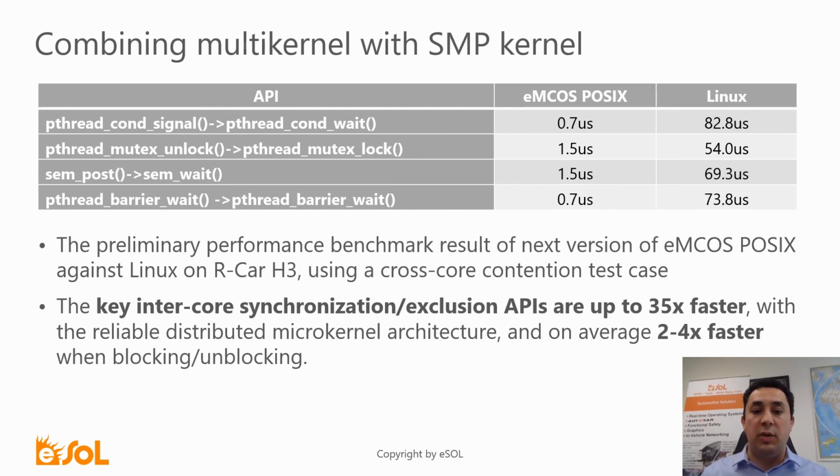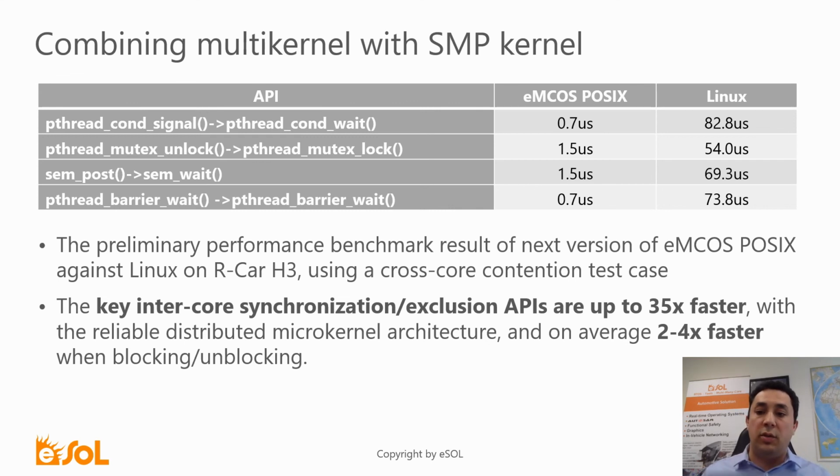When you look specifically at synchronization mechanisms like condition variables, mutexes, semaphores, barriers, and so on, what we observe is that the performance of Linux may be acceptable, but the performance of AMdahls POSIX is significantly better, especially when there is contention, when a thread may have to block or was blocking and can be unblocked.